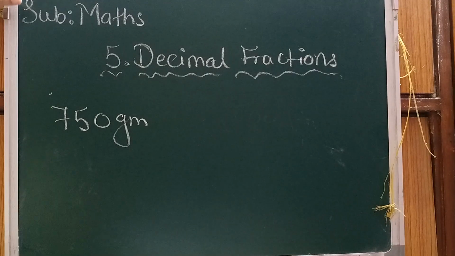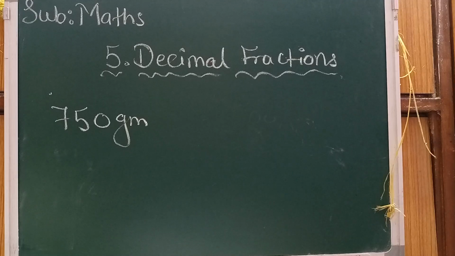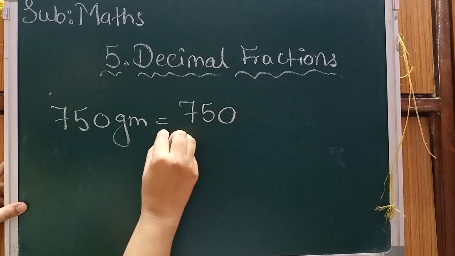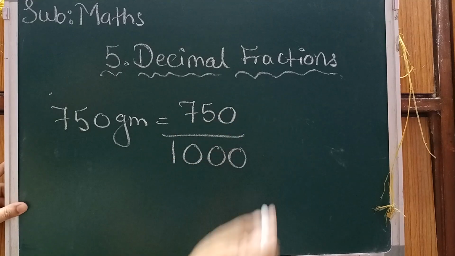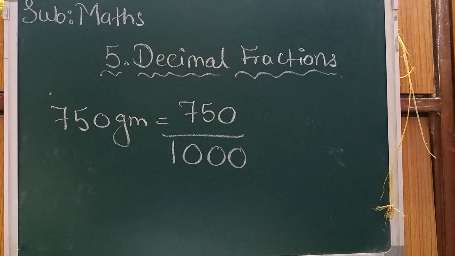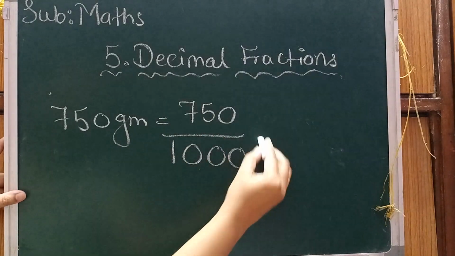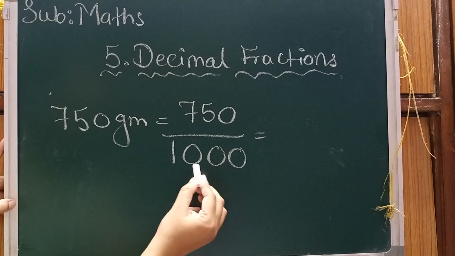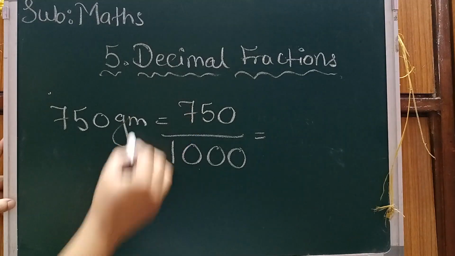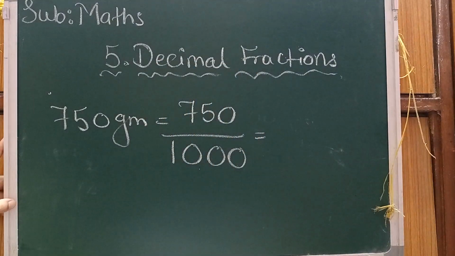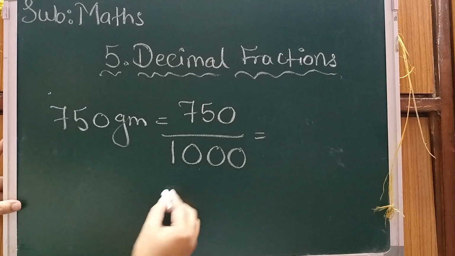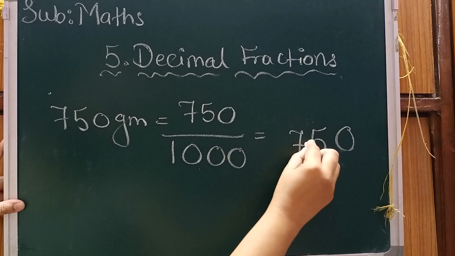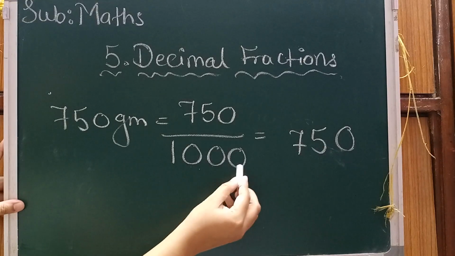This 750 gram, if we want to convert into kilogram, we have to divide this value by 1000. When we divide 750 by 1000, what value will we get? See how many zeros are there: 1, 2, 3. Total 3 zeros are there. When we convert this simple fraction into a decimal fraction, always start from the right hand side and see how many zeros are in the denominator.